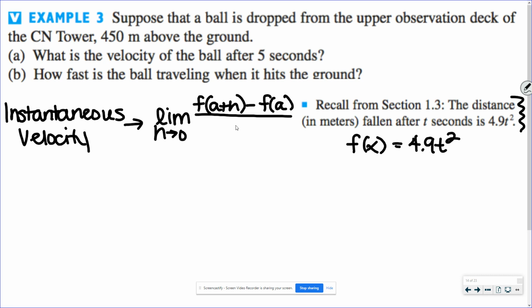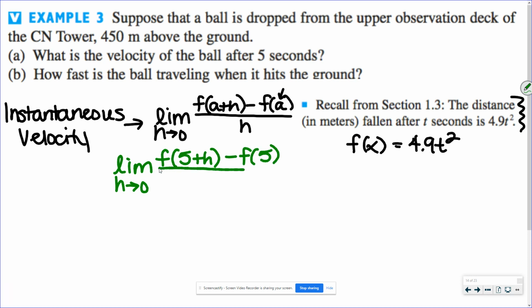We would be taking the limit as h approaches 0, and our a value is what you're approaching. In this case, that is 5. So we're going to change this to the limit as h approaches 0 of f of 5 plus h minus f of 5, over h.